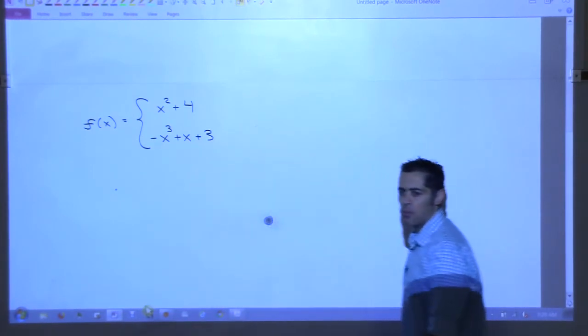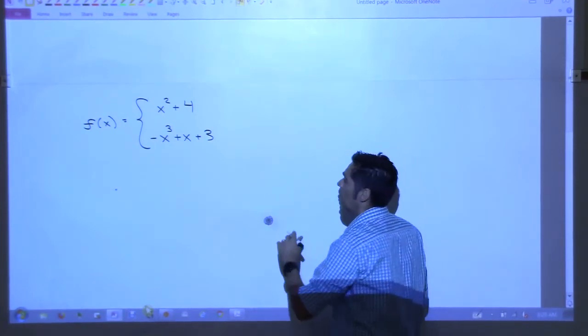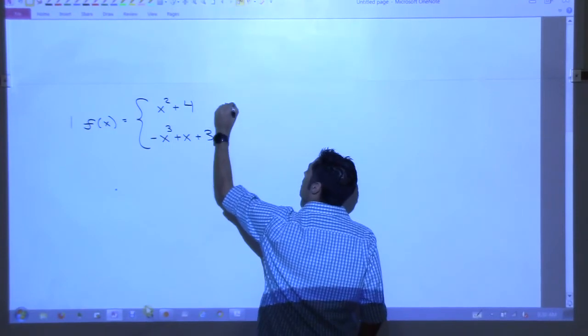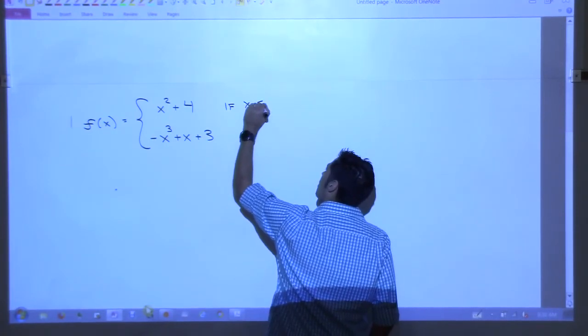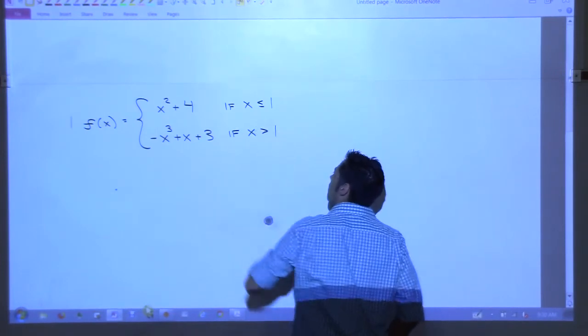This is a piecewise function. Means it's two different functions on two different parts of its domain. And I'm going to say that it's this function if x is less than or equal to 1, and this function if x is greater than 1.